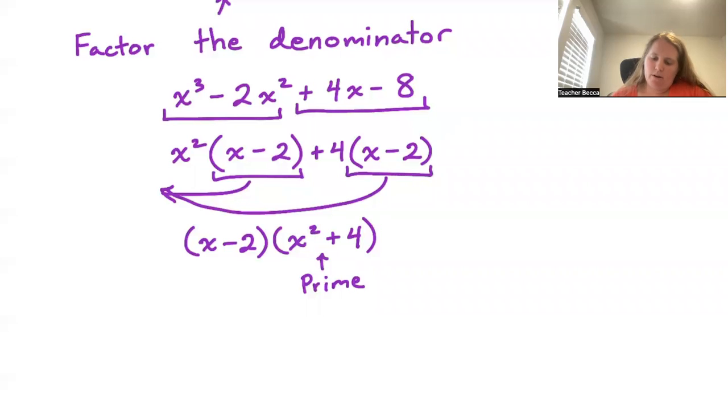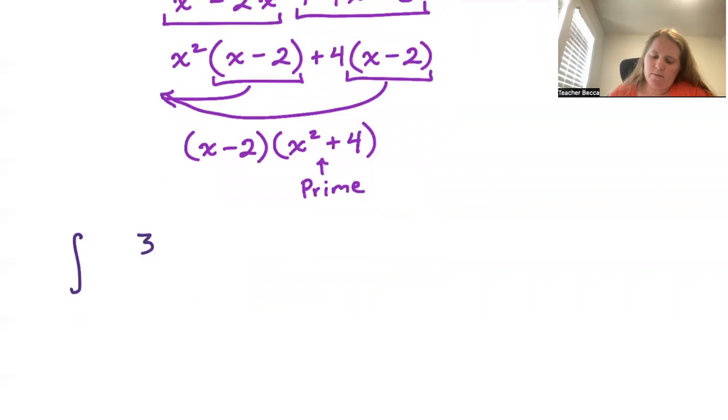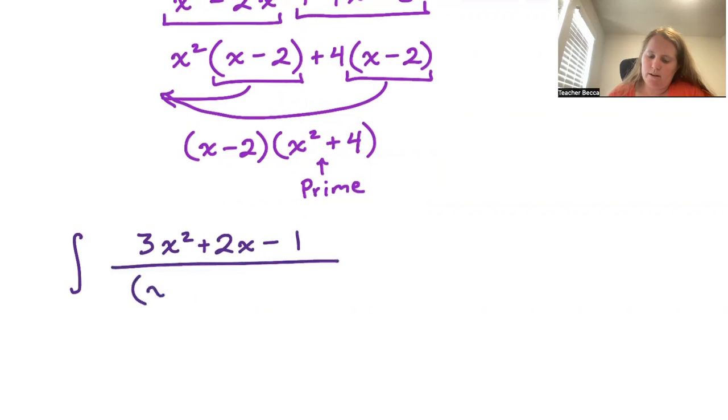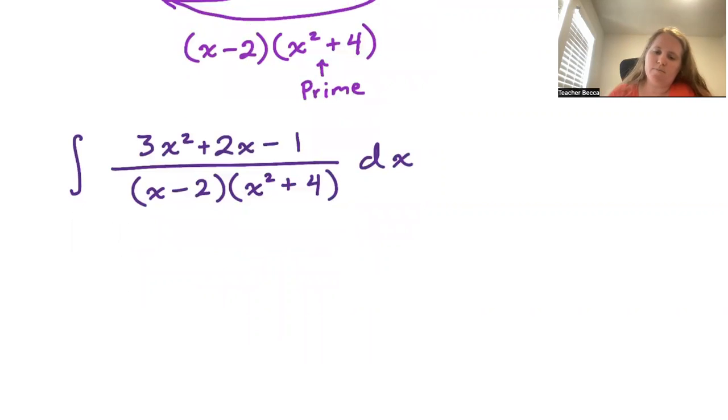So we have our integral of 3x squared plus 2x minus 1 all over x minus 2 times x squared plus 4 dx. At this point, we're going to split into partial fractions. So we will run partial fractions.